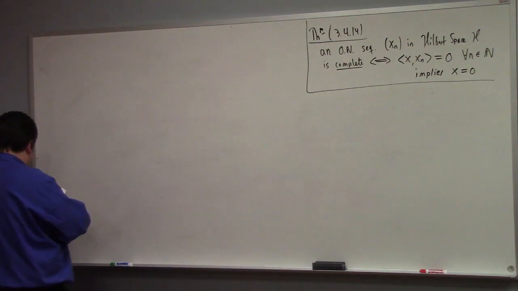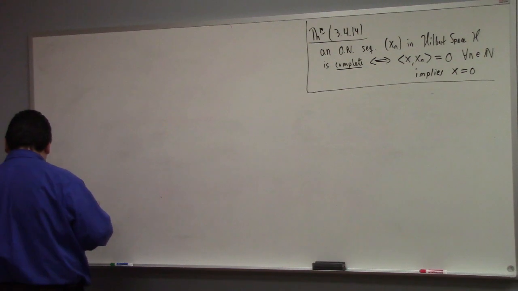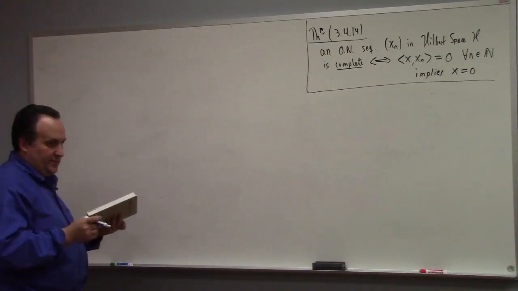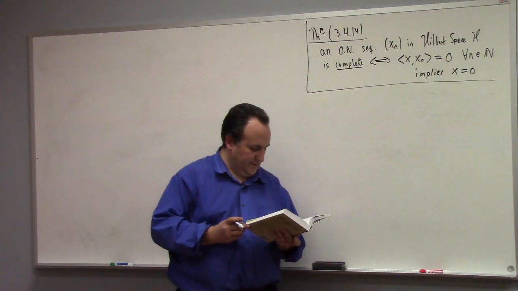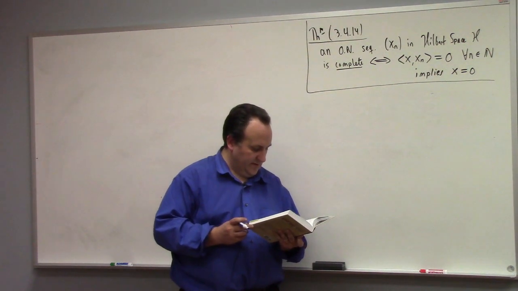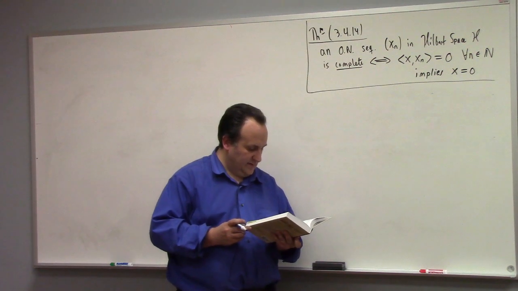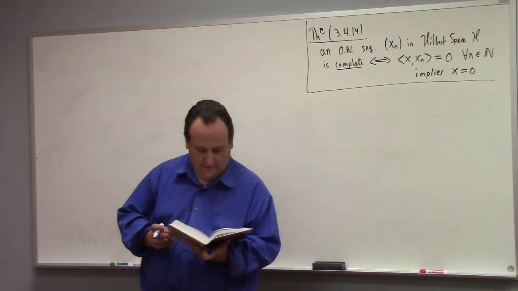We do have a definition to wrap up. That's what I wanted to get to. Well, let me just read for a bit here rather than writing everything out, yeah? So next up, he gives a sequence of functions, 1 over root pi, cosine, sine, cosine. I guess I can write it out.